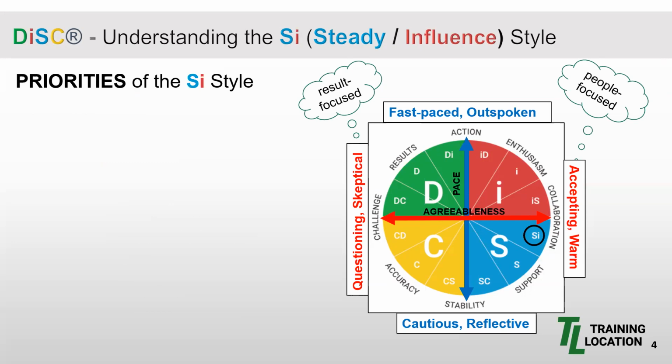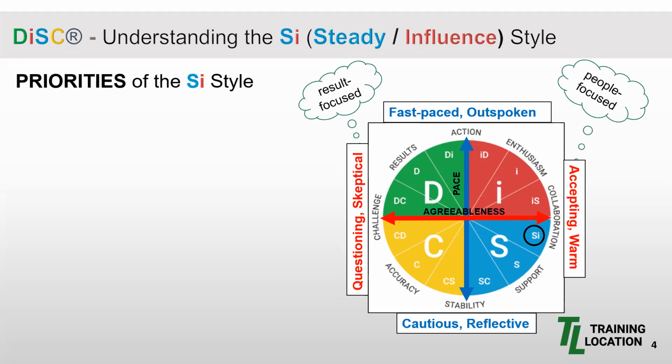Now, the Everything DiSC Workplace priorities are unique to you and based on your results. Priorities are simply to help us understand how our style might be reflected in motivations and behaviors given real-life situations or scenarios. The important thing to remember is that when things get foggy, such as when there's stress or uncertainty, we seek the priorities associated with our style.